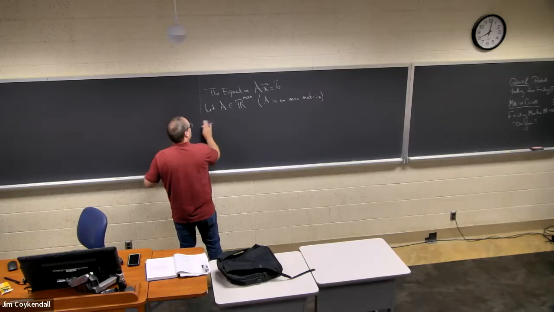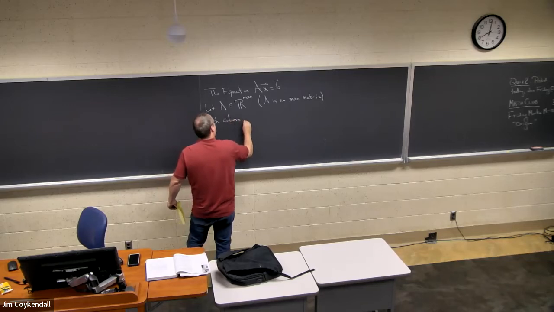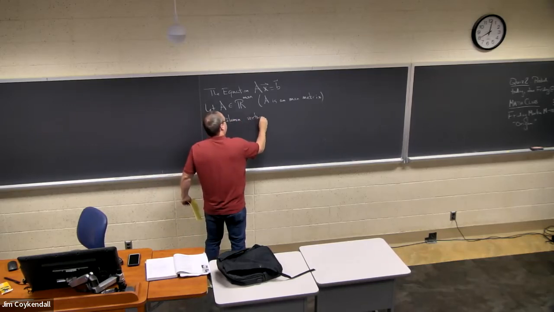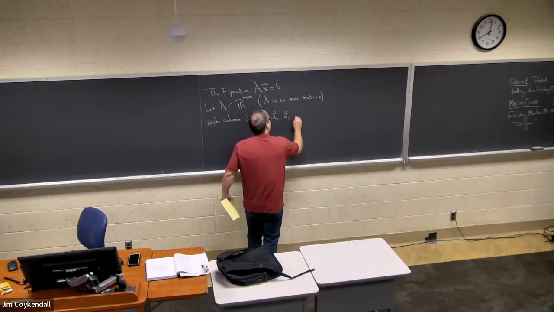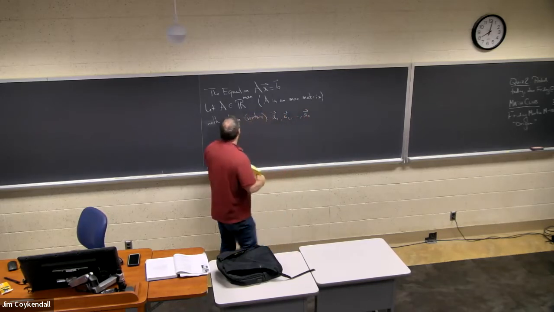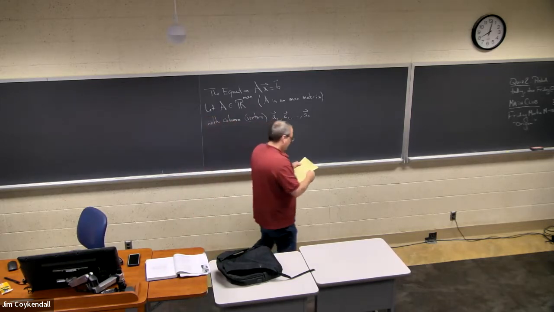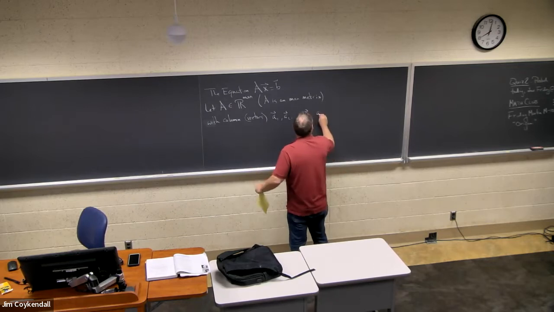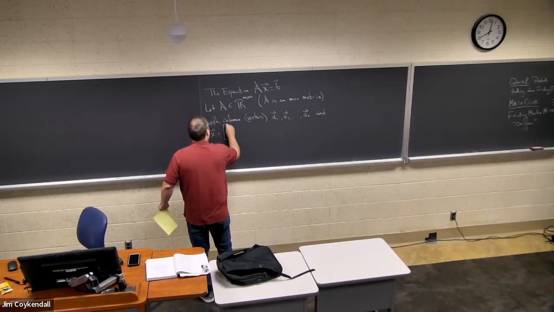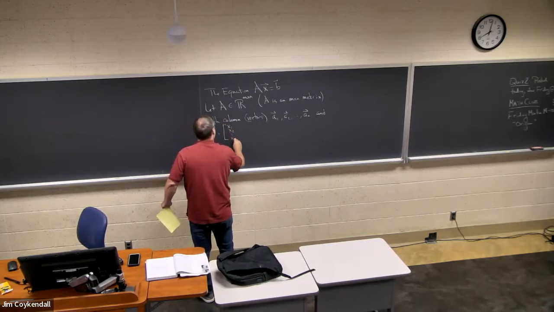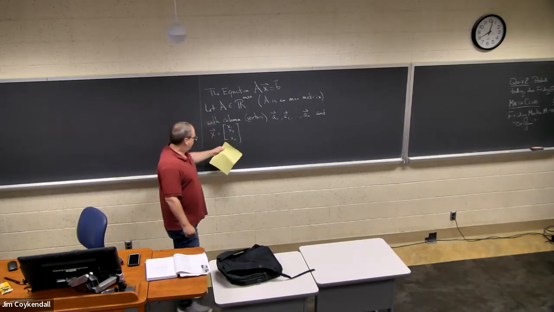Let's say we call the columns vectors: a1, a2, up to an. So A has n columns, so there better be n column vectors. And let's say that x is x1, x2, up to xn. So it itself is a column vector with n entries in it.